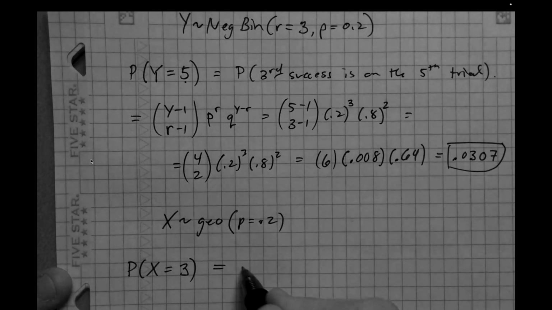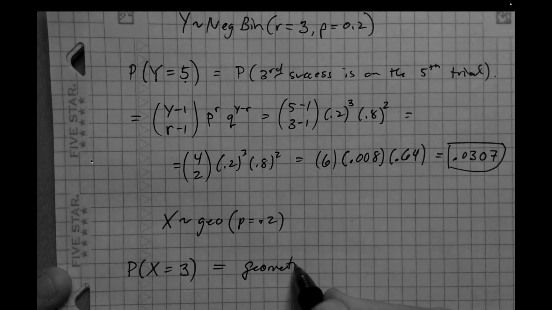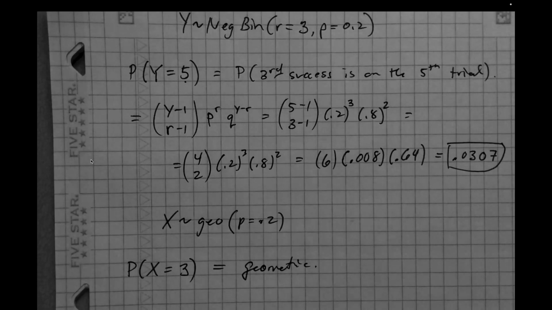And so this is the geometric. But instead of saying the first success occurs on some trial, we say the rth success. In this case, the third success occurs on the fifth trial. So it's just a generalization. It's a loosening of the requirements, a loosening of the structure a bit.